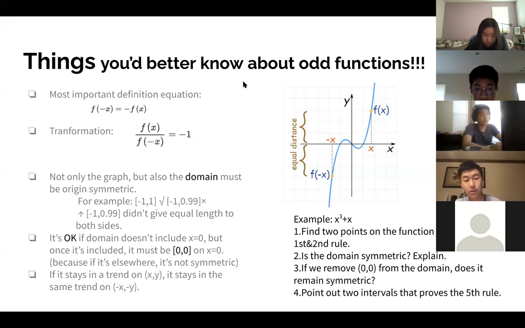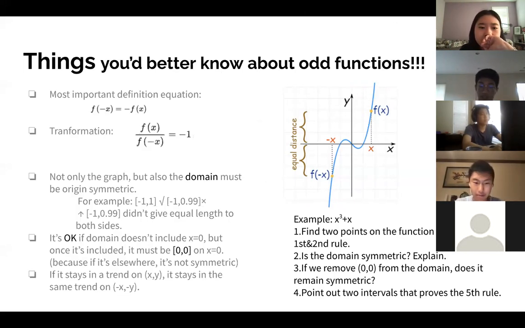Now, not only the graph, but also the domain must be origin symmetric. So for all values of x, the function value at negative x should produce the negative y.